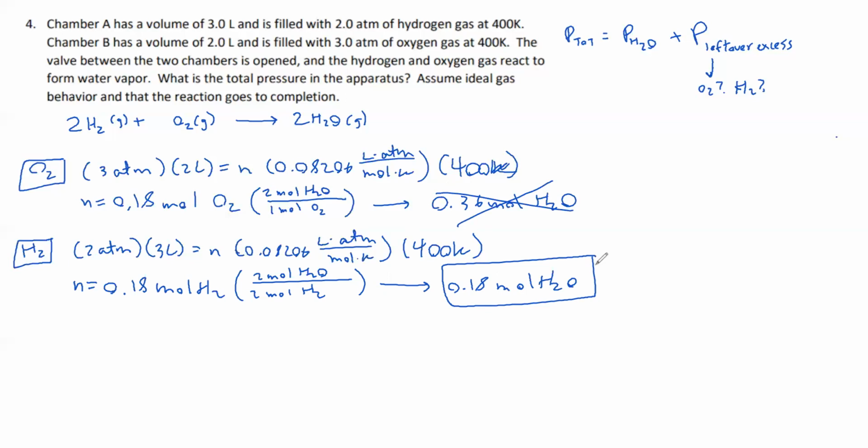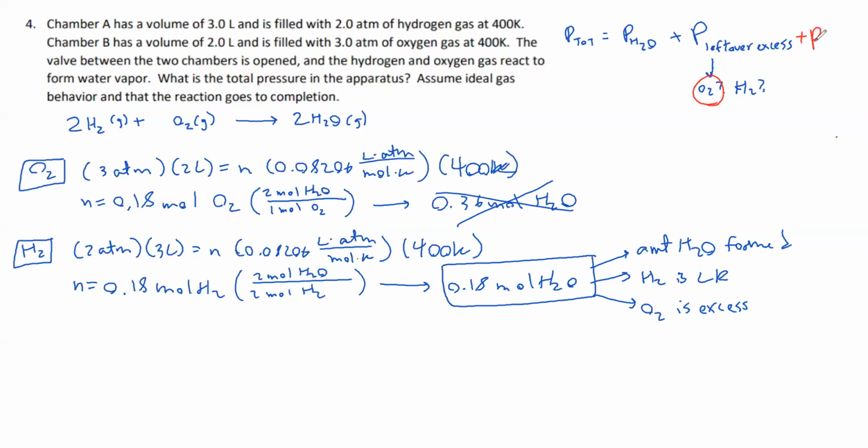This lets us know a couple things. This lets us know the amount of water formed. This also lets us know that hydrogen is the limiting reagent and runs out first, which means that oxygen is the excess gas. This helps answer our question earlier, where our leftover gas is going to be oxygen, right?